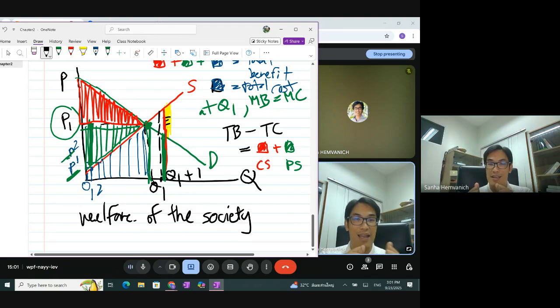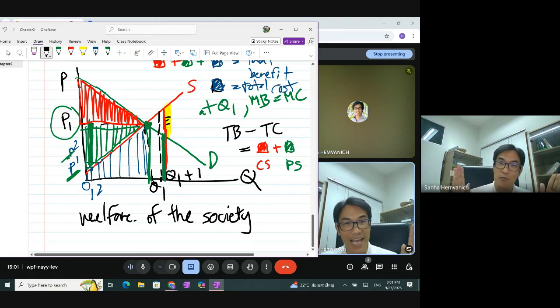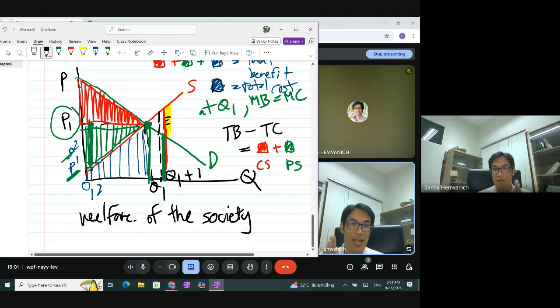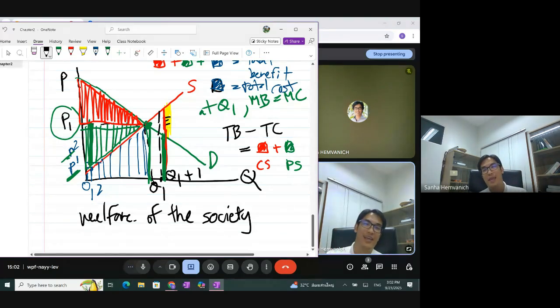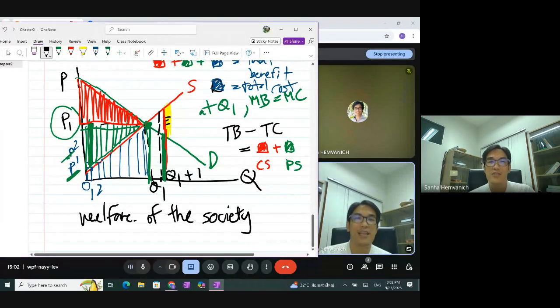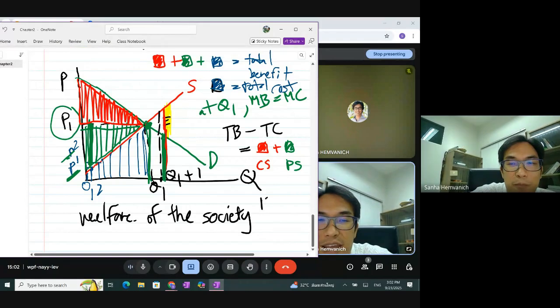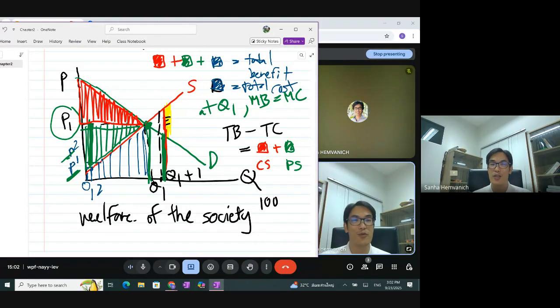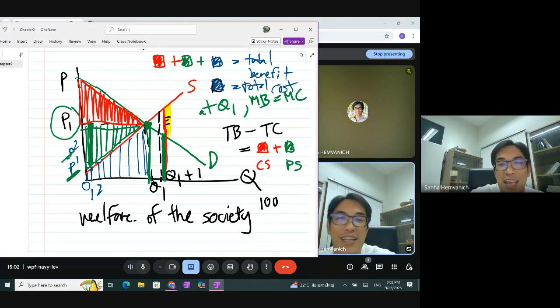So the total benefit is actually reduced, because the last unit has a negative benefit. When you add it to the existing total benefit, it means it can be less. Let's say the total benefit is 100, but the last unit you produce has a negative benefit, let's say -1. So now you end up with 99.